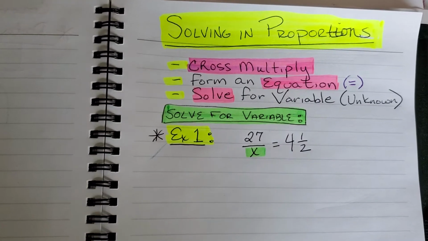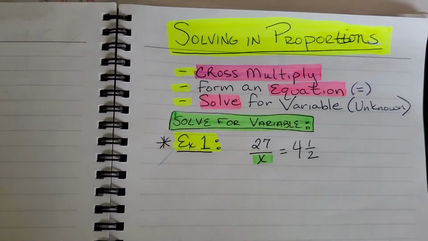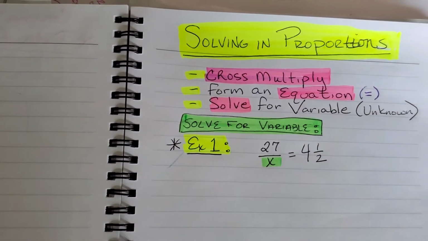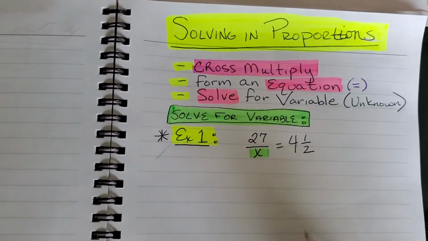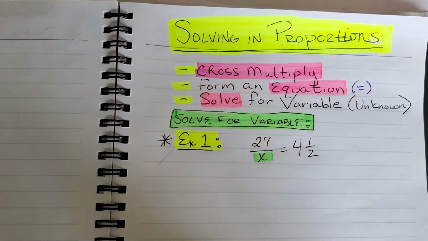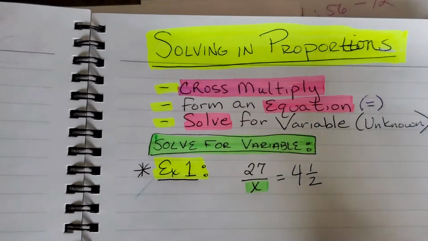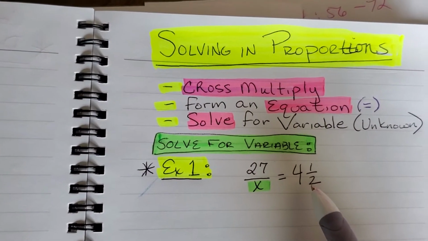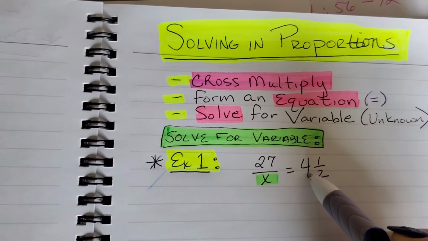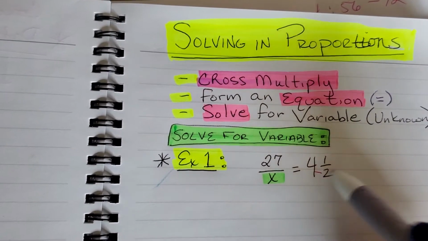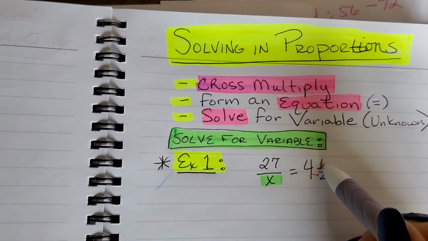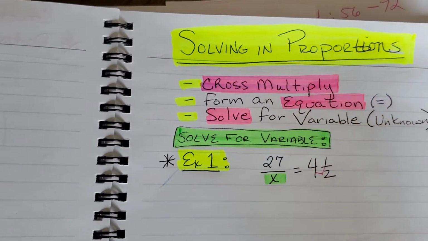So the first thing, and again, if you don't remember how to work with mixed numbers, please make sure you refer to my other video with fractions, changing mixed numbers into improper fractions, okay? So here we go. We're going to change this 4.5 into an improper fraction by taking 4 times 2 is 8 plus 1 is 9, okay?